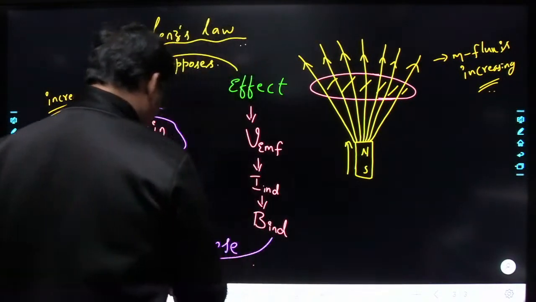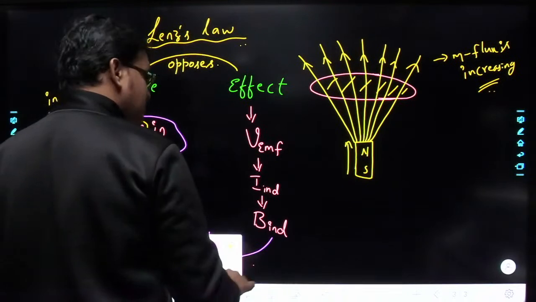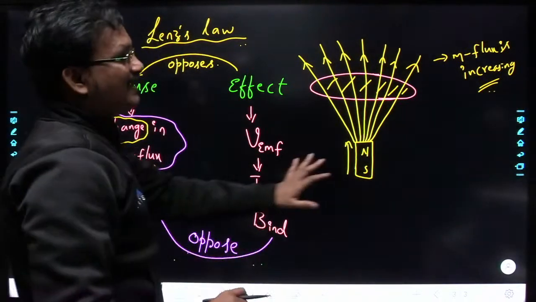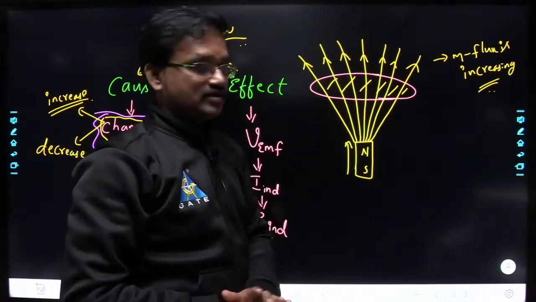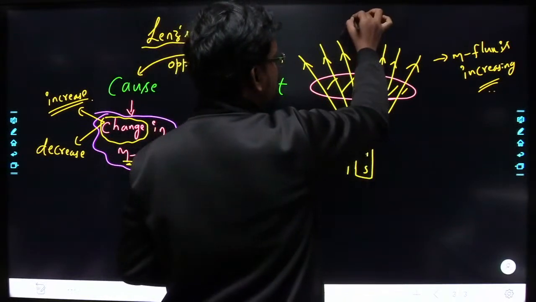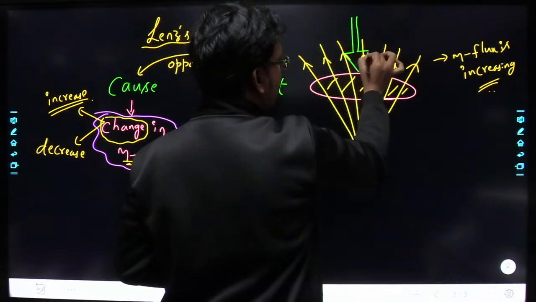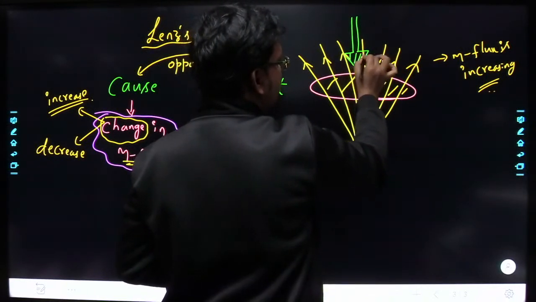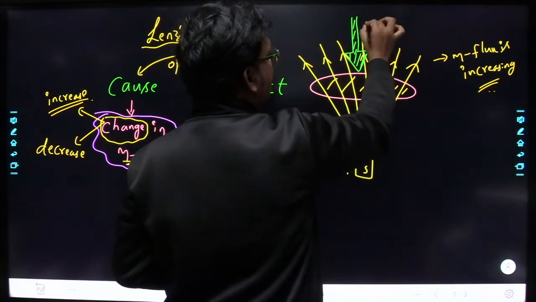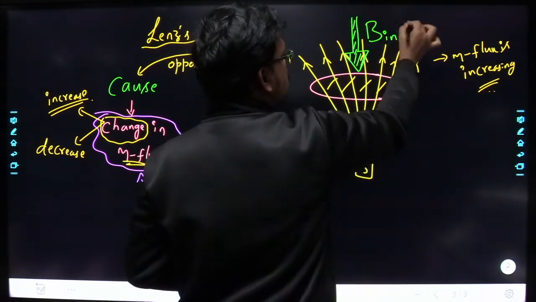Understood? Here the induced magnetic field is opposing what? It will try to oppose the increase in magnetic flux, so the induced magnetic field has to point in the downward direction.